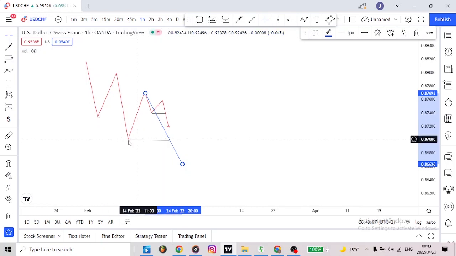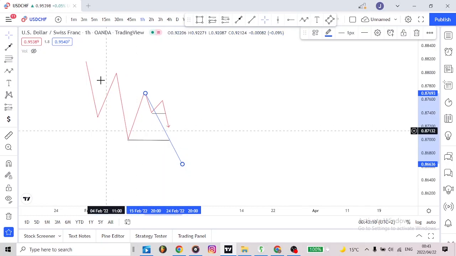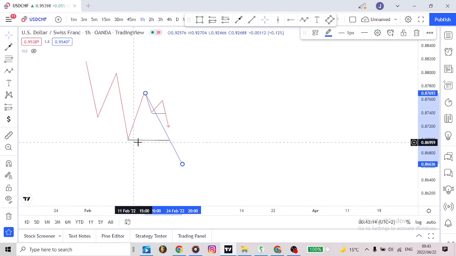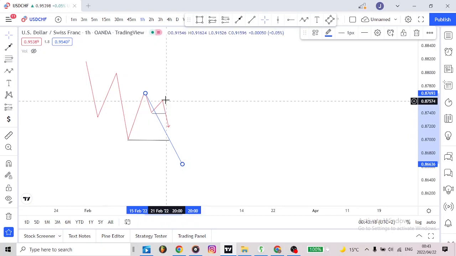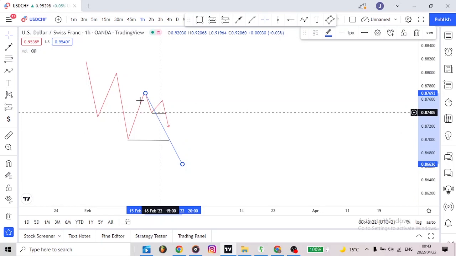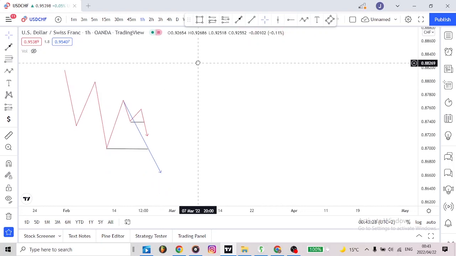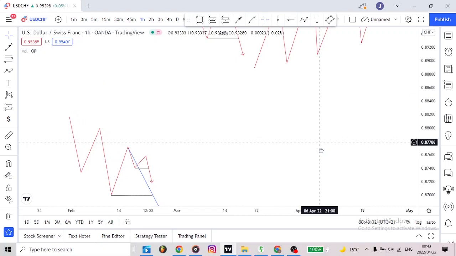The break of structure that signifies the continuation of this whole trend is the one taking place at this low, not the one at this low, because this one is the break of structure of the internal structure. So let's go to the charts and try to spot these breaks of structure.